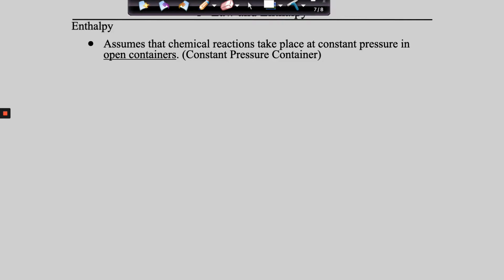The term open container you can use on the AP test. It is an accepted way to describe this. With that said, understand that they're actually what are called constant pressure containers. But you can call them open containers, and that's just fine.